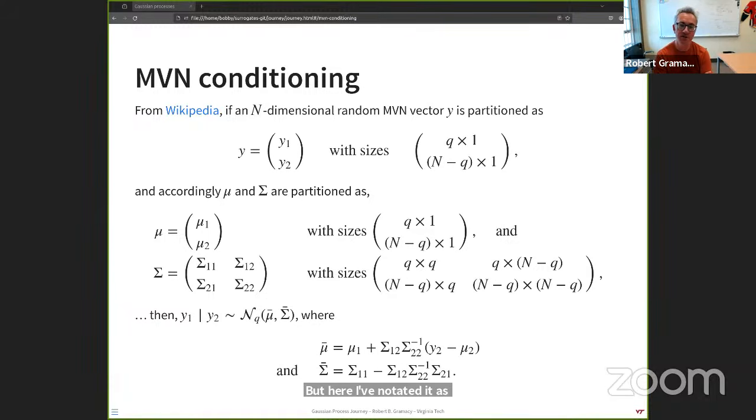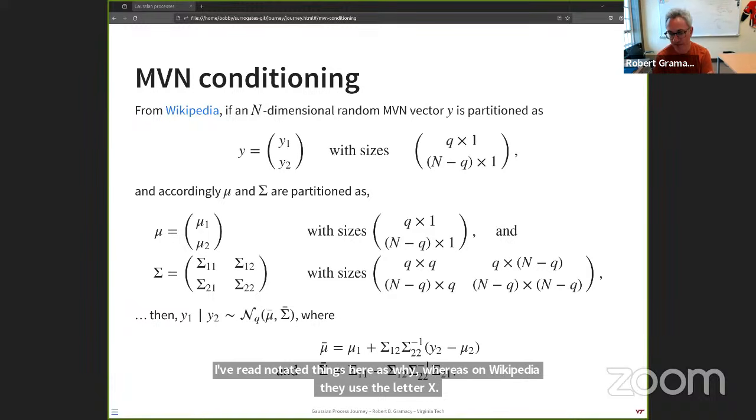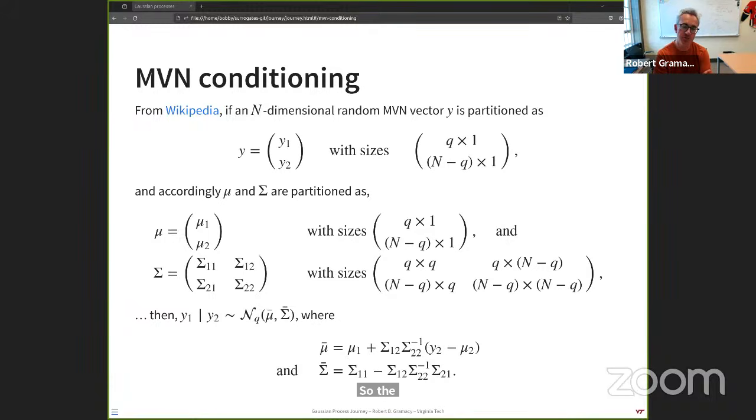because what I'm going to be interested in doing is training with some data, some y's at my x's, and then I want to know the conditional distribution of my testing y's given my training y's. So I've notated things here as y, whereas on Wikipedia, they use the letter x. So the result that we're going to use is about conditional distributions.